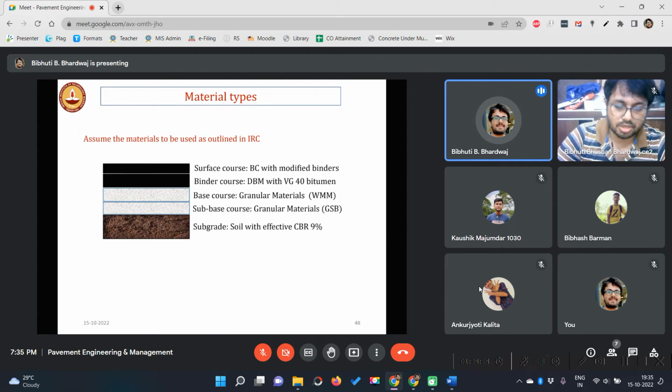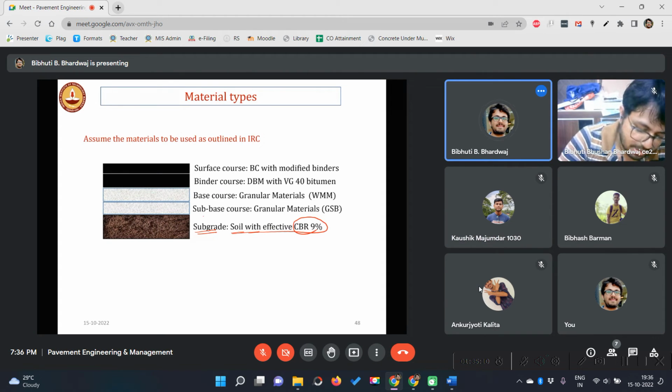In order to know the modulus of elasticity and Poisson's ratio, we need to find out what materials you are using. The subgrade is generally soil and CBR is 9%, which is given or we have assumed. The sub-base is granular material, and the base is again granular material, WMM and GSB, as given in the IRC. For the binder course and surface course, we can have a look here.